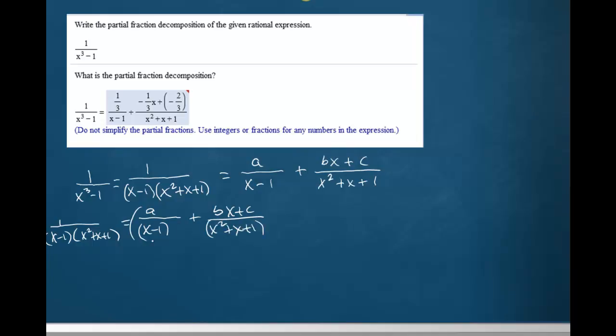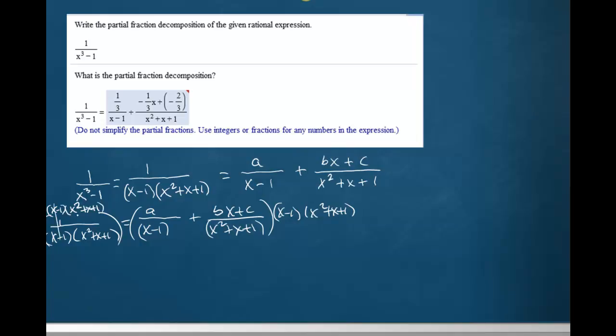And so we're going to multiply this side by x minus 1, x squared plus x plus 1, and this side by x minus 1, x squared plus x plus 1.